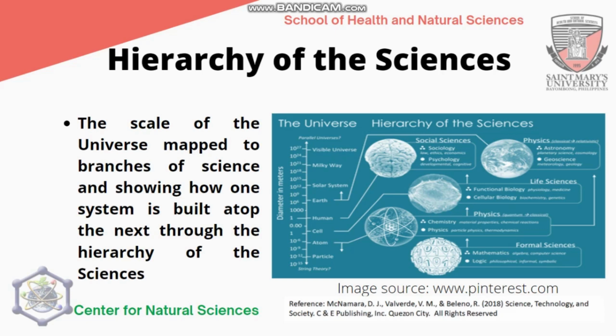We have also social sciences such as sociology and psychology, and cell, under biology. For the atom size, we have chemistry and physics and mathematics as the language of science. The scale of the universe mapped to the branches of science and showing how one system is built atop the next through the hierarchy of the sciences.